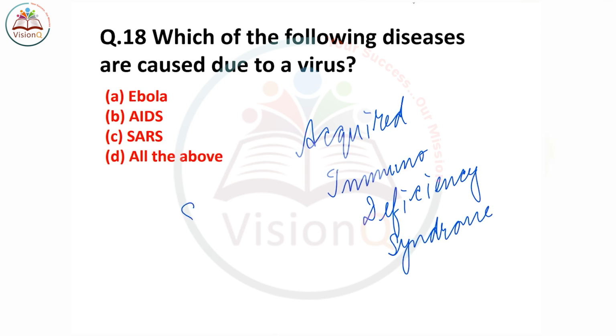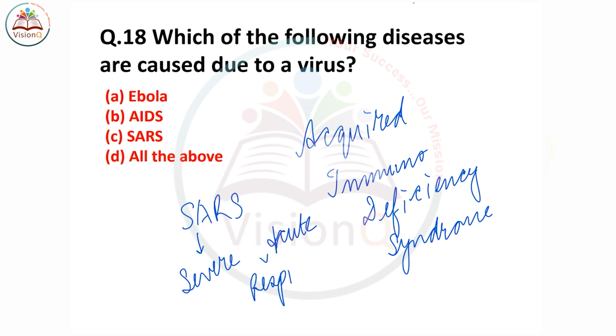Then SARS, which is known as severe acute respiratory syndrome. So severe acute respiratory syndrome, SARS, then AIDS, Ebola, all are diseases which are caused by a virus.